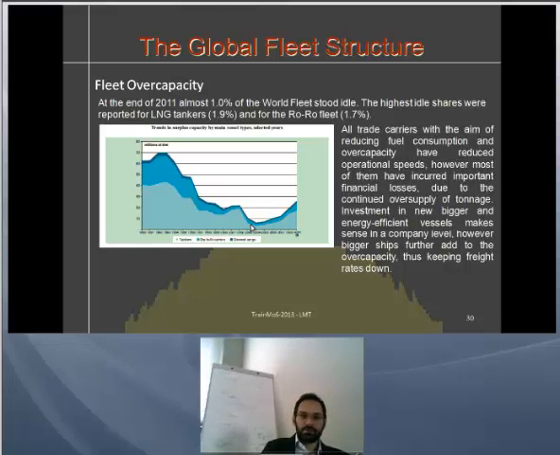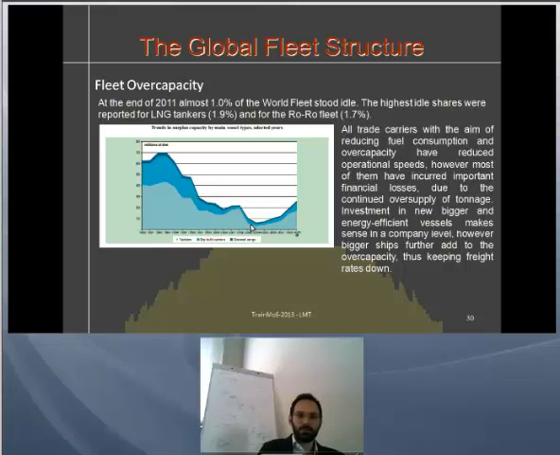This was due, for example, to the fact that LNG tankers are highly dependent on development works in LNG infrastructure. 2011 was a year where many LNG ports and infrastructure works were delayed. So we can see that a great number of LNG tankers stood idle because they could not trade in the spot market.